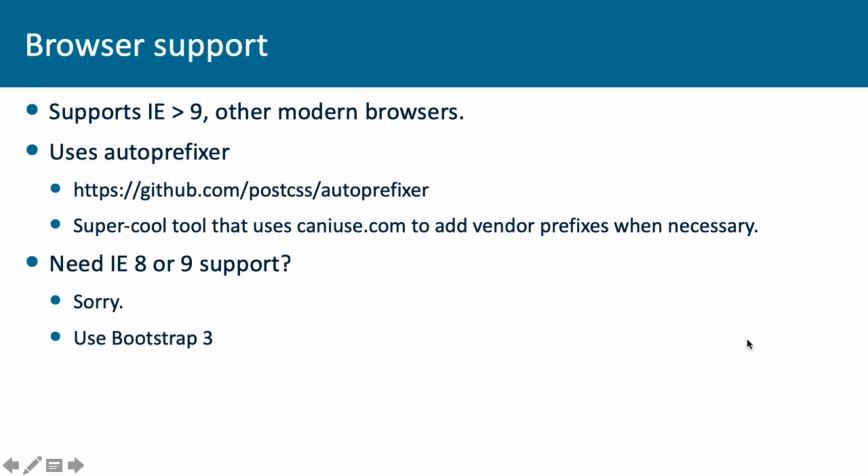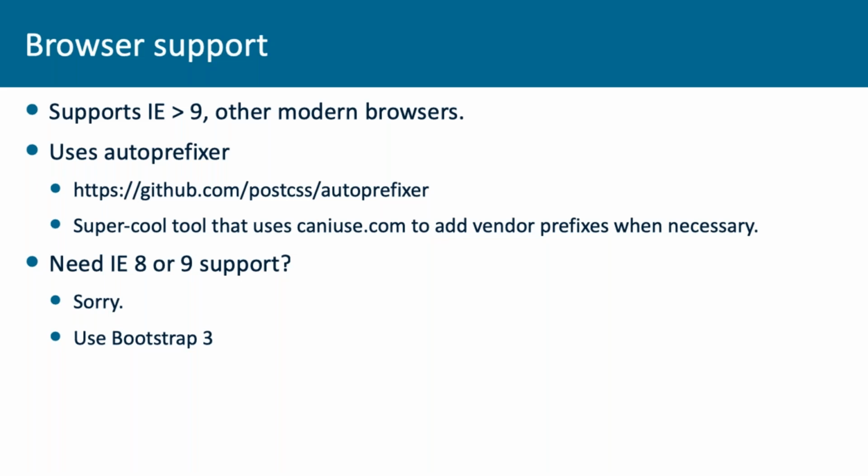One of the things that you also want to consider in whether you're going to upgrade to Bootstrap 4 is, do you need to support IE 9 or earlier? Bootstrap 4 drops support for IE 9 and earlier. And so if you need to support IE 9, then you're not going to be able to use Bootstrap 4.